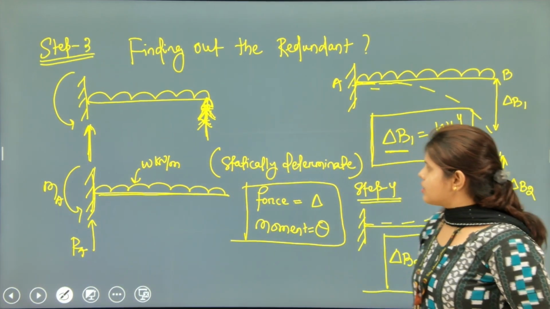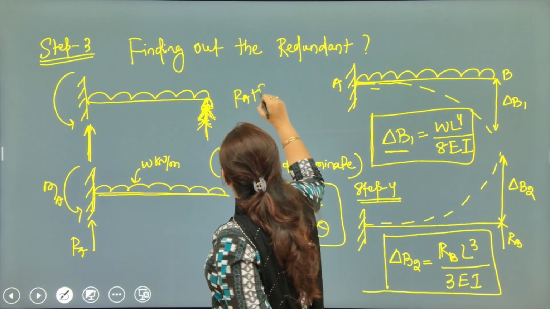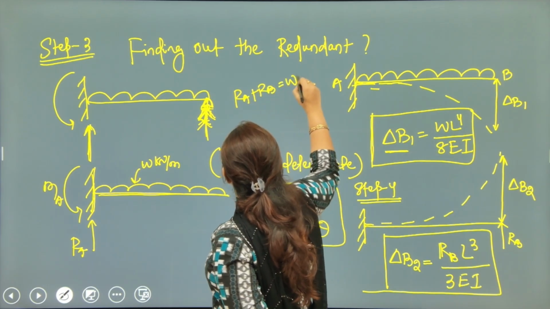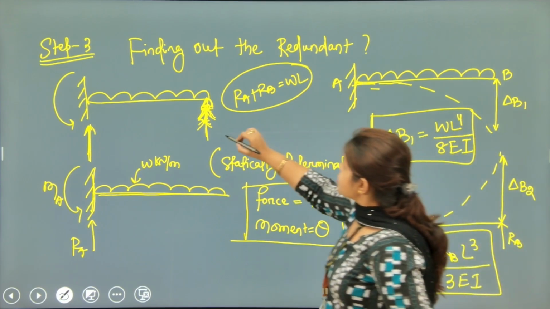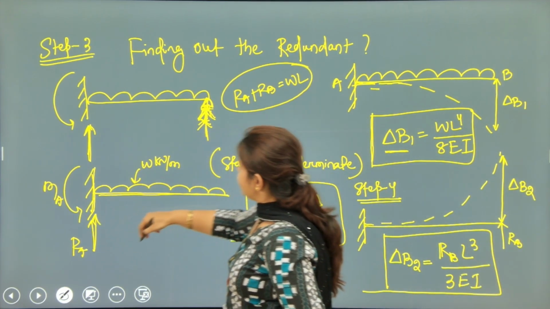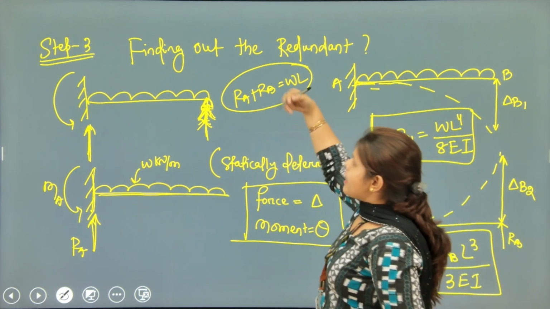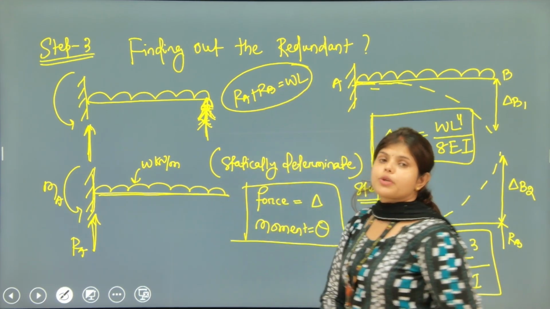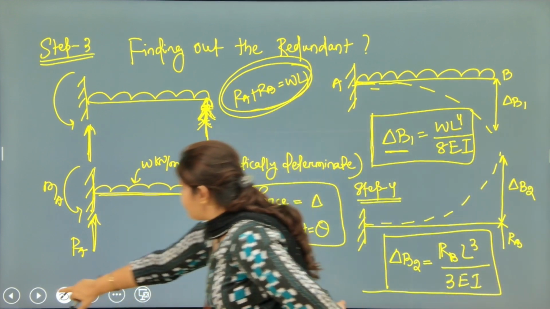Here you can see RA plus RB will be WL. How? By the equation of equilibrium: the summation of all forces acting in the vertical direction must be equal to 0.